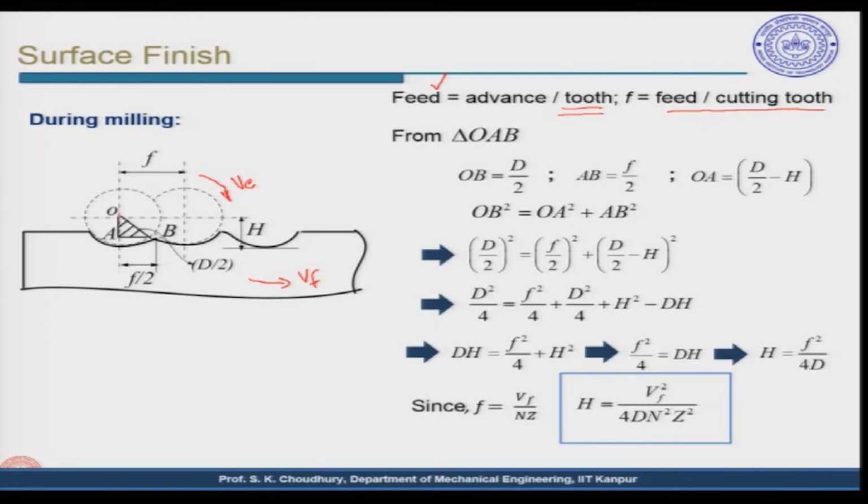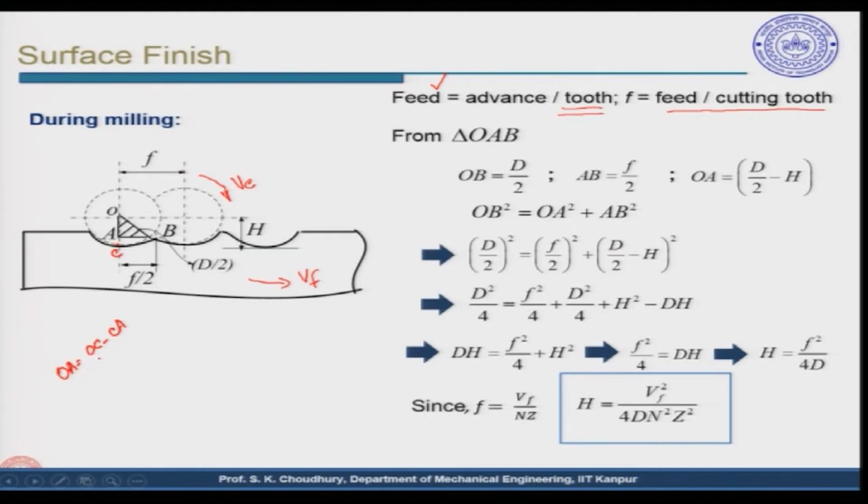Now, if we again join, this is the center of the milling cutter, you join this intersection, and from here to here it is the feed. So, from this point to this point it will be f by 2. Now, OA can be considered as O to this point, which we will call C. So, OA can be considered as OC minus CA.